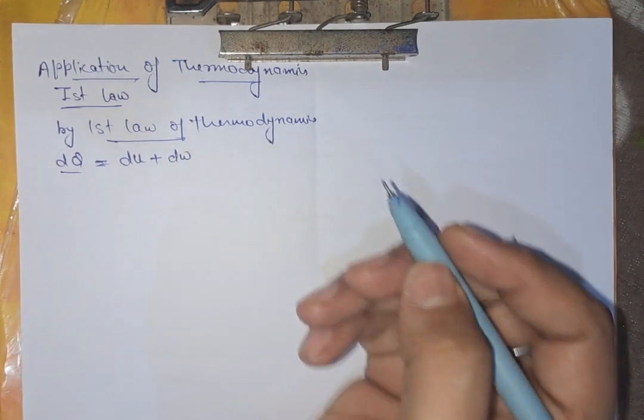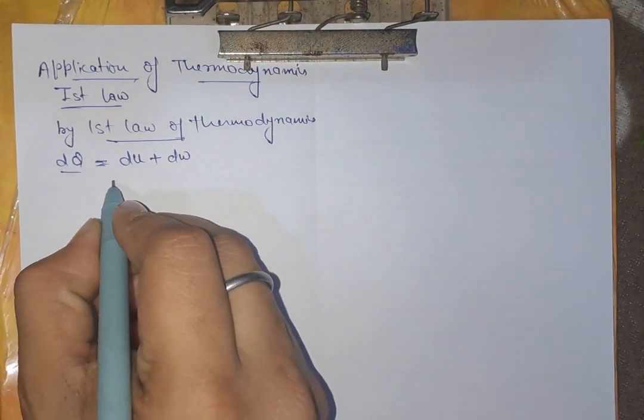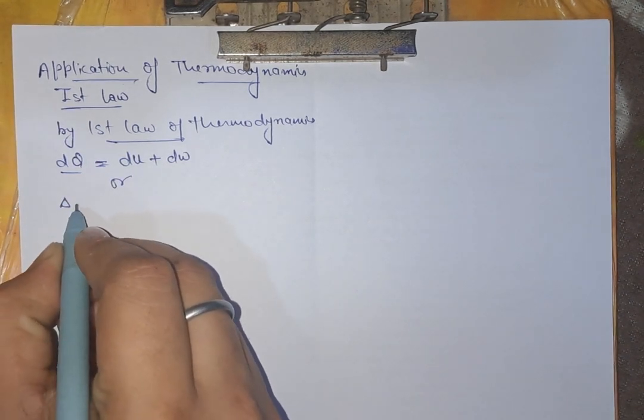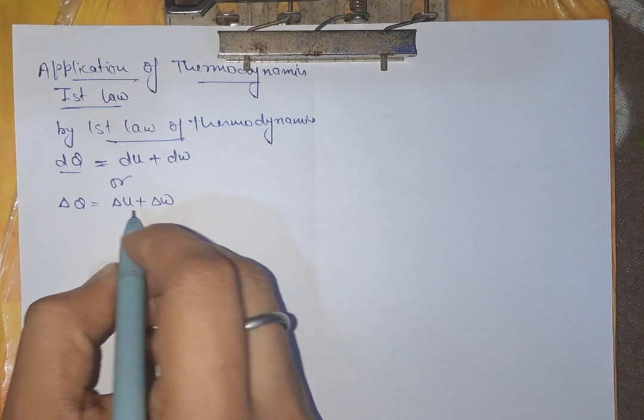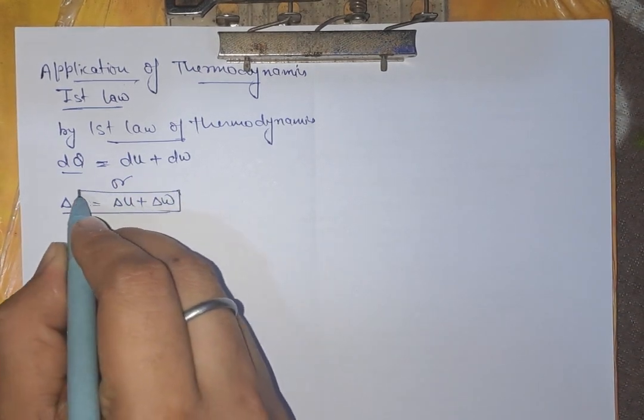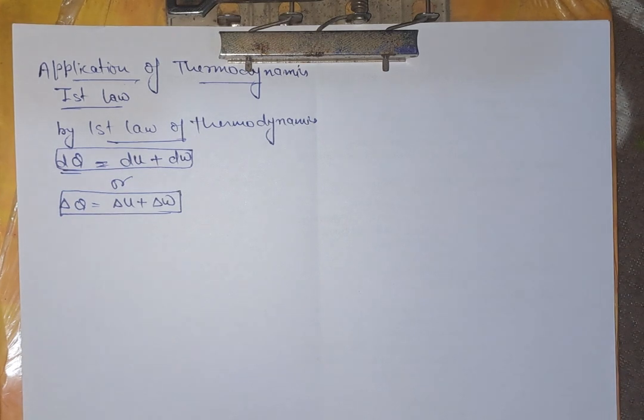So we can write delta Q is equal to delta U plus delta W. This is your first law of thermodynamics.